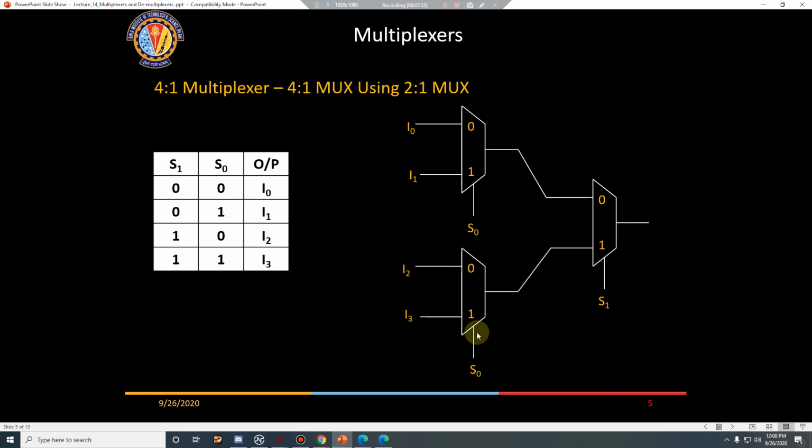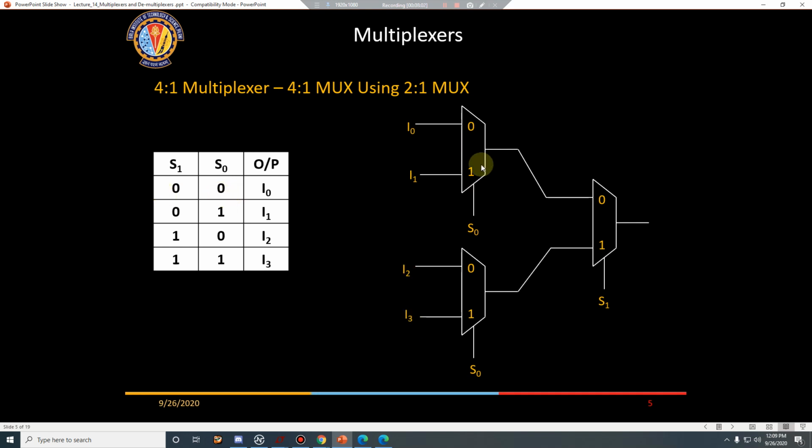Here we can also implement a 4 into 1 mux by using three 2 into 1 muxes. Like this, this implementation is also possible. S1 is 0 and then S1 is 1, so you have 2 muxes, and again it gets into 2 branches. Here you give S0. For 00, what happens?